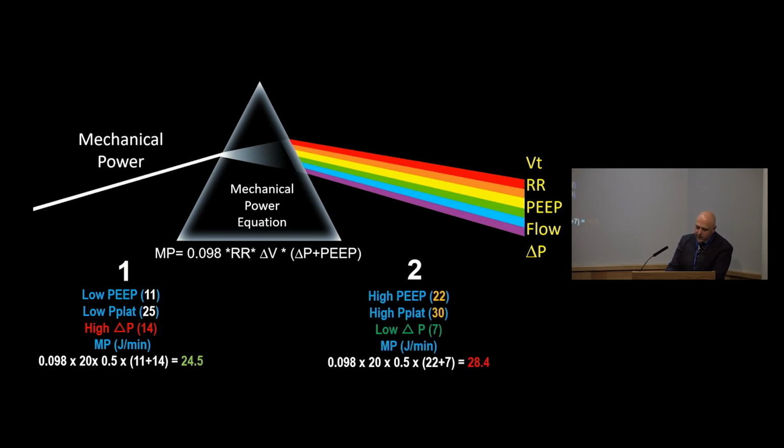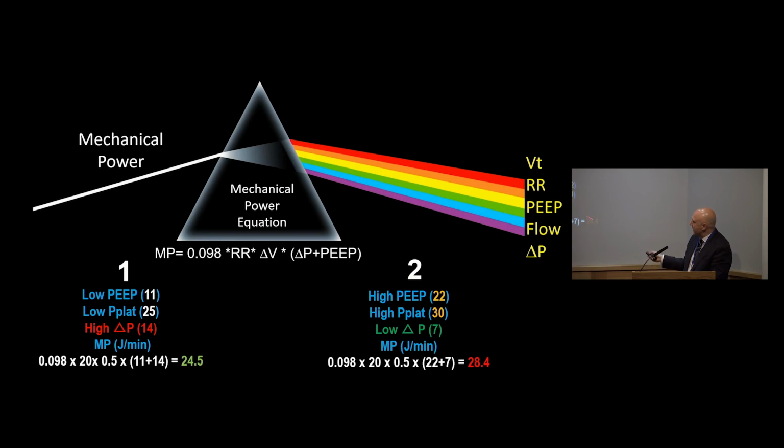Now we've increased PEEP to 22, because we are big PEEP. Plateau pressure is only 30, so the driving pressure is halved. But when you put all the data in, you can see that now the mechanical power has actually increased. So the idea is that when we look at one parameter, we need to do a lot of other things to compensate, and the total amount of energy might be higher, lower, or the same.